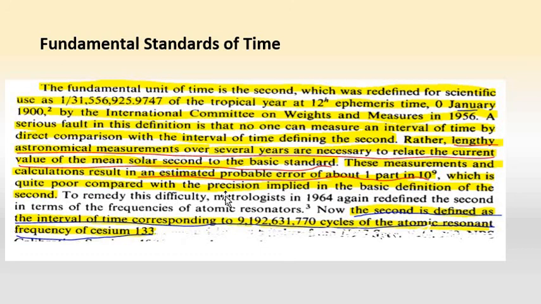the final result. So, before the present system of calculation of time, at first it was calculated depending upon the tropical year and the calculation relating to that. But one of the main faults in this definition is that no one can measure an interval of time by direct comparison with the interval of time defining the second.